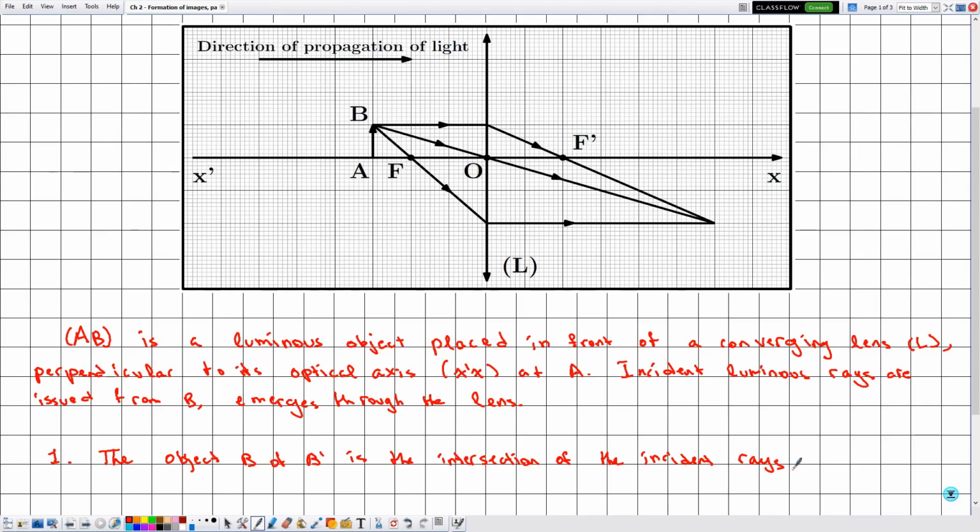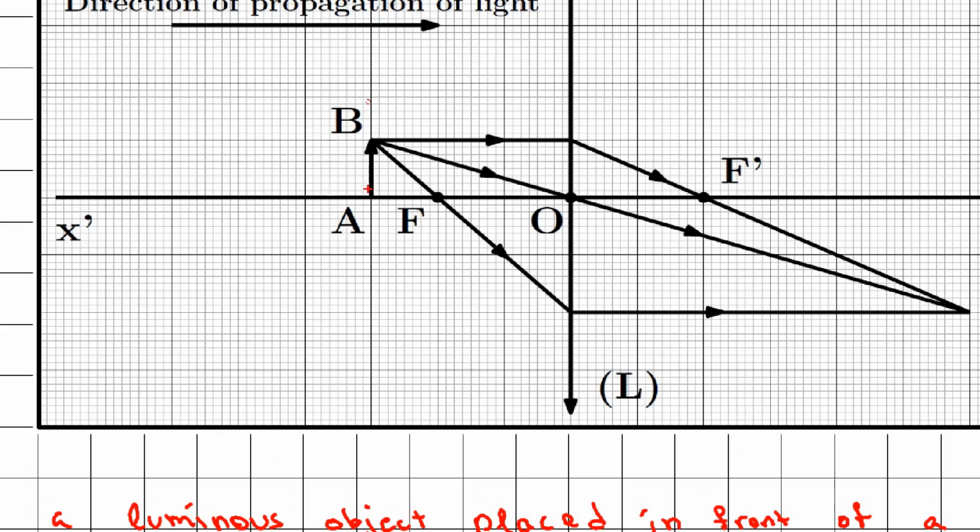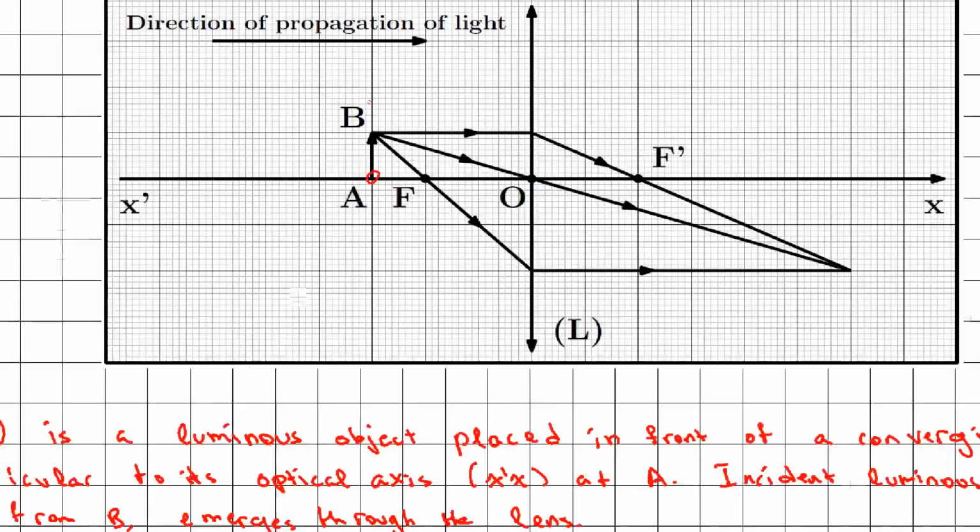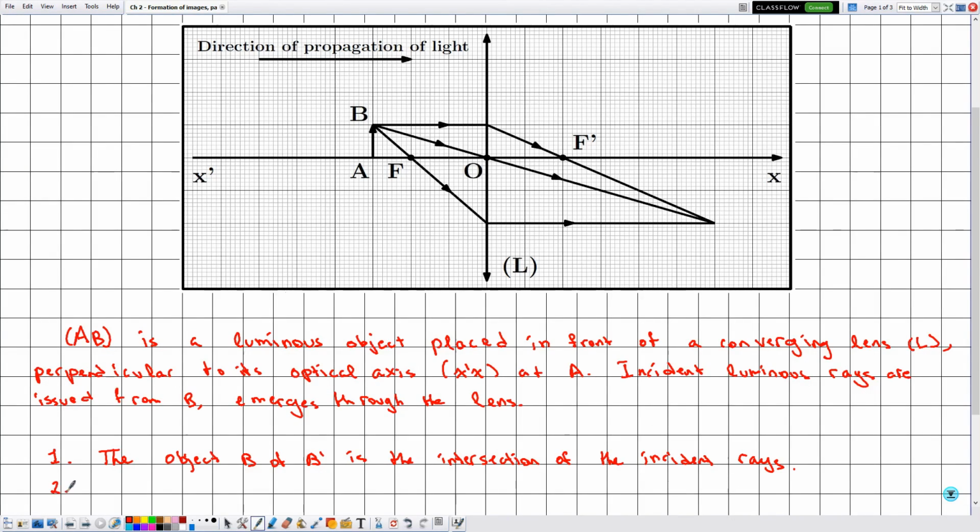Okay, moreover, the point A represents the foot perpendicular of B on the optical axis. Then let's write idea number 2, that A is the foot perpendicular of B on the optical axis.